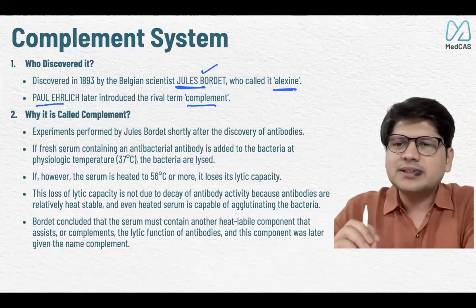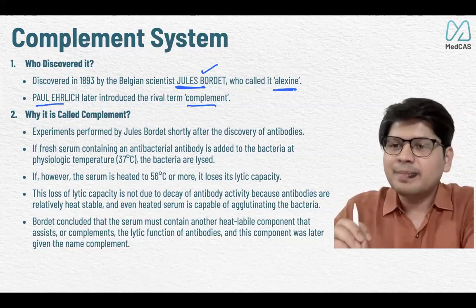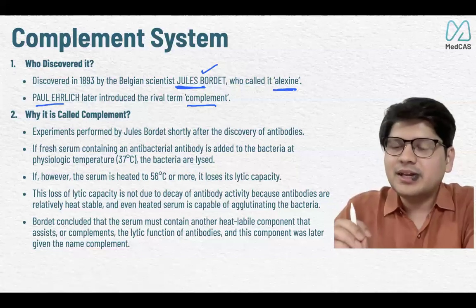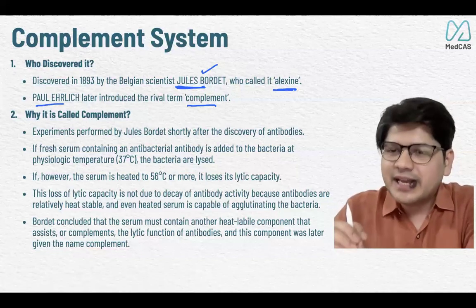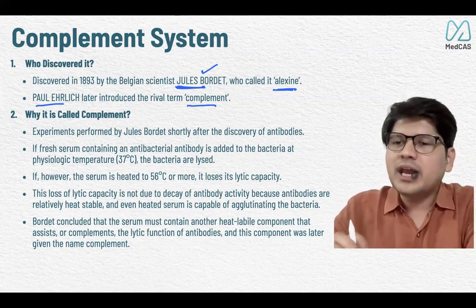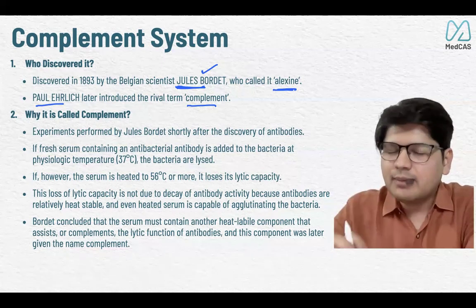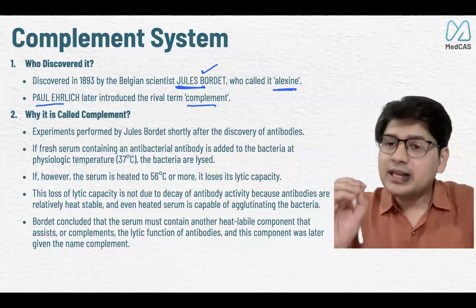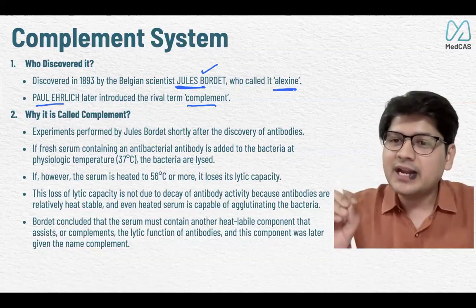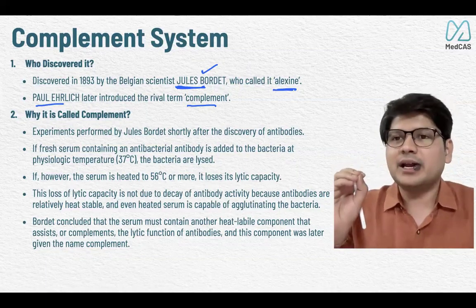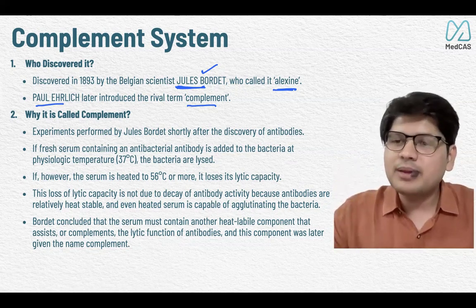So then he thought, oh, there is something in the plasma which is heat labile, which actually helps antibody to kill bacteria. Help means it complements antibody to kill bacteria. That's why it is called the complement system.